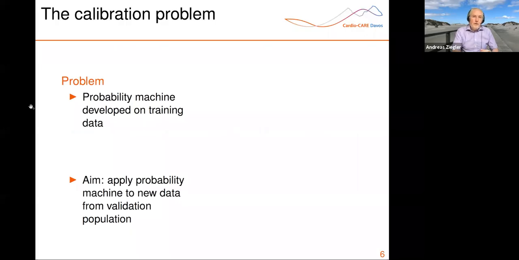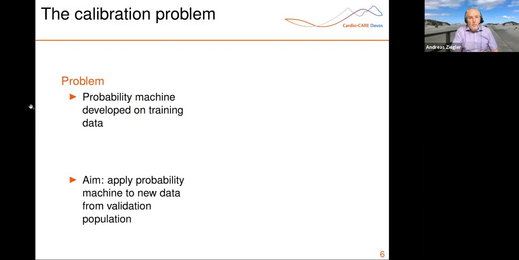If I want to phrase my problem in a few words, I want to estimate a probability machine. Assume now I have developed this probability machine on training data. A probability machine is nothing else but maybe a logistic regression, so that you just estimate the probability from a logistic regression model. It could well be something different, say a random forest in a probability estimation mode, or gradient boosting on dichotomous outcomes that is actually able to estimate probabilities.